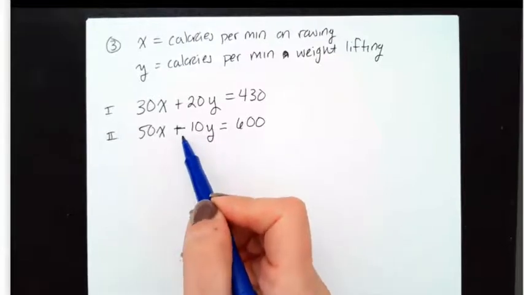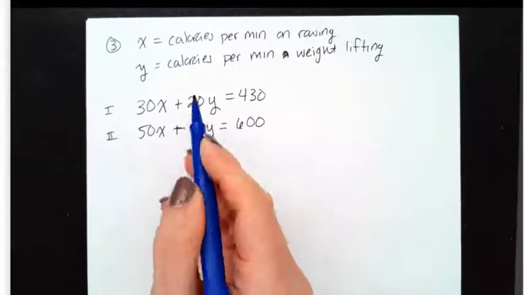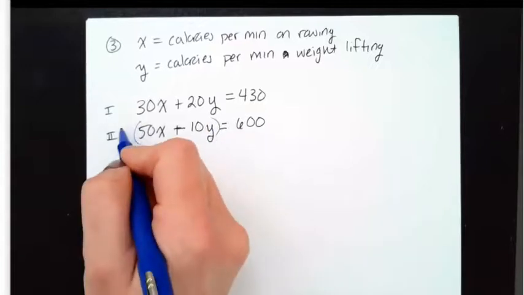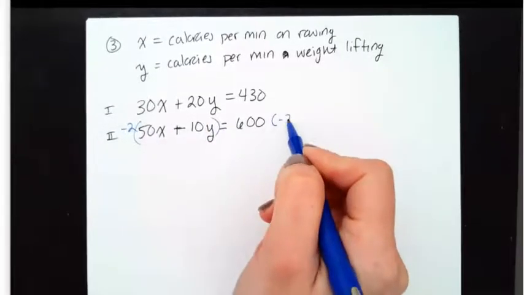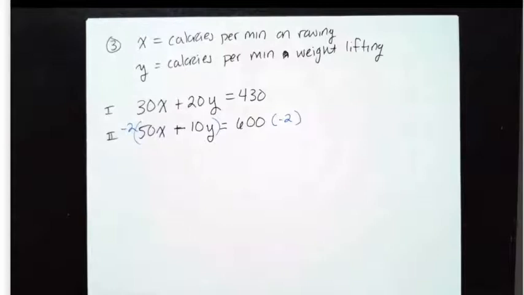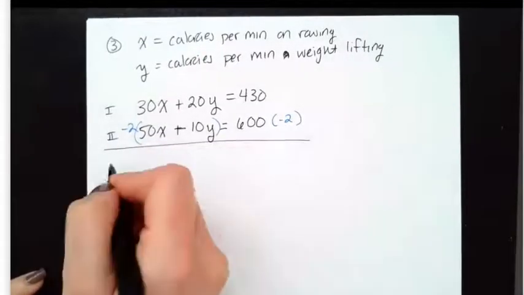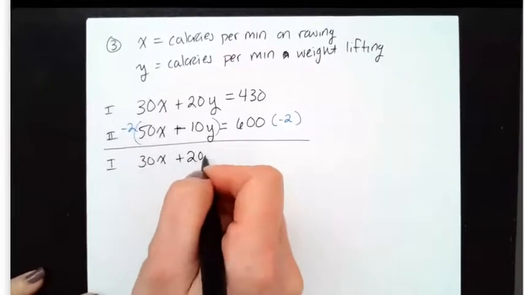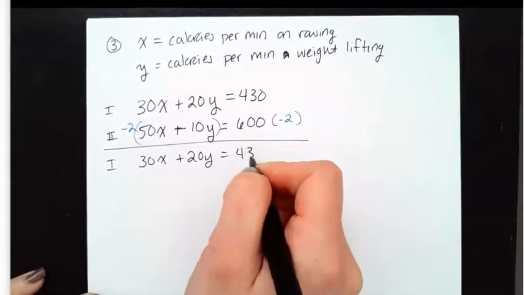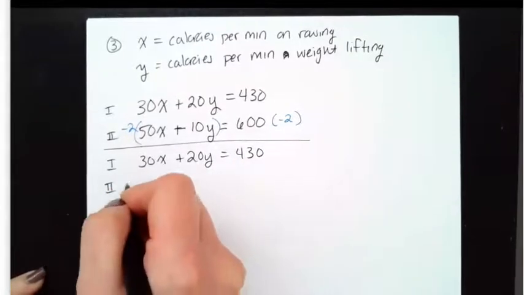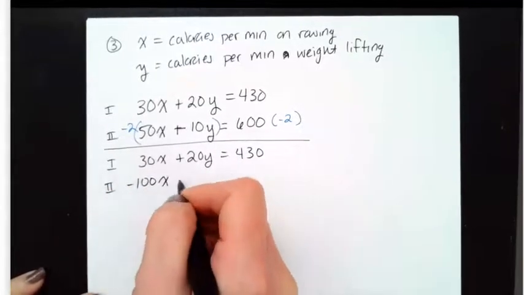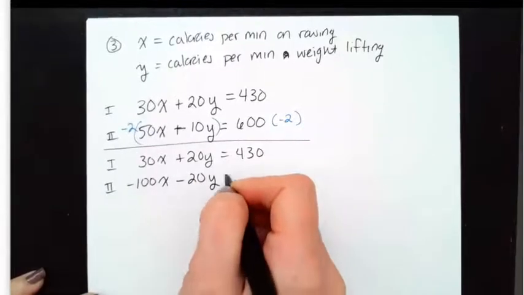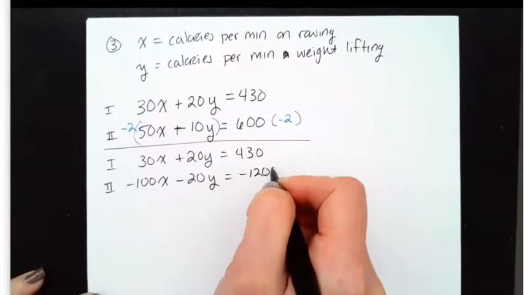I can make this coefficient the opposite by multiplying by -2, and then doing the same thing on the other side. The first equation is going to stay the same: 30x plus 20y equals 430. The second one is now -100x minus 20y equals -1200.